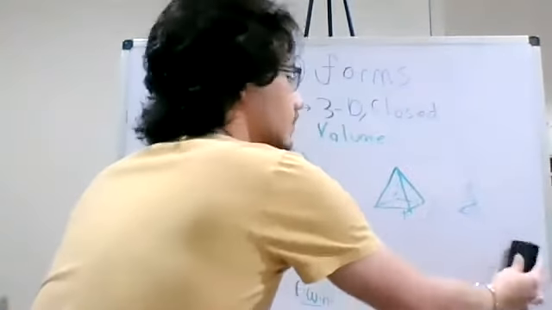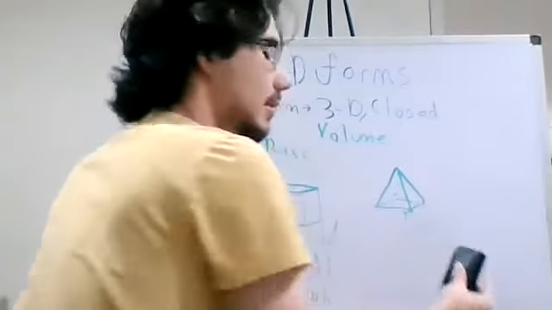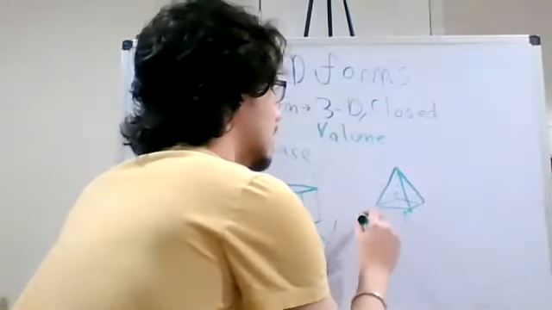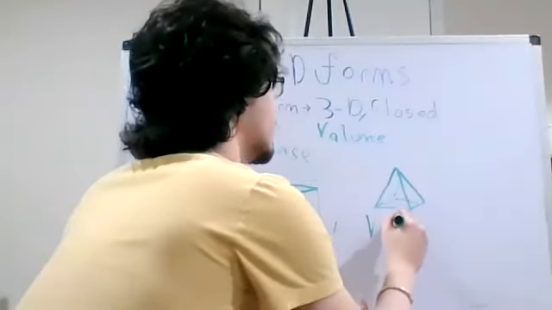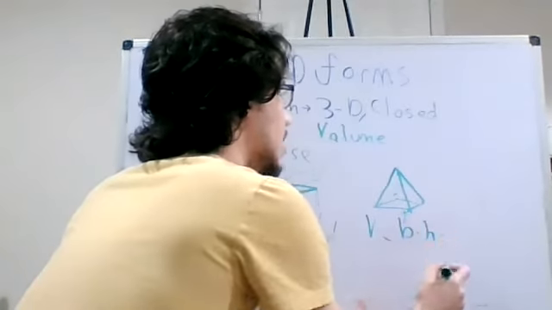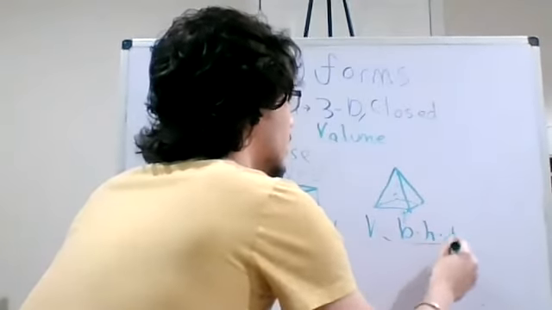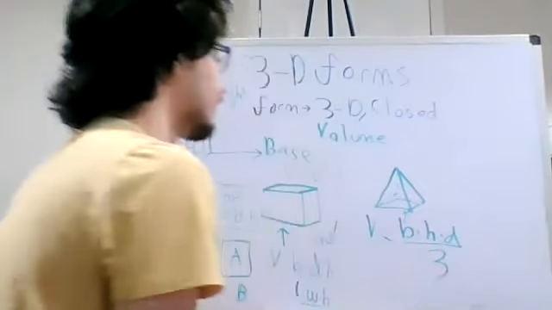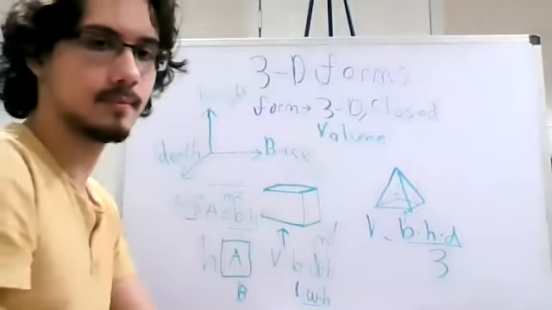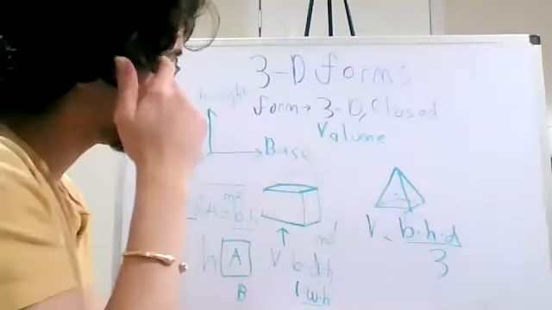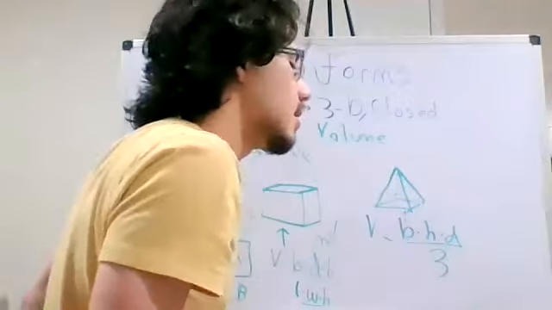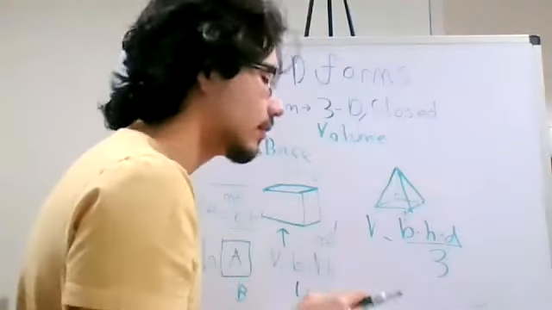But to start off with, all you have to remember for a square pyramid is that the volume is base times height times depth over 3. It's as simple as that. Now, we don't want to just know what the volume is.